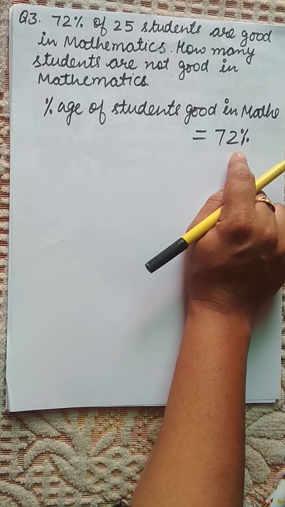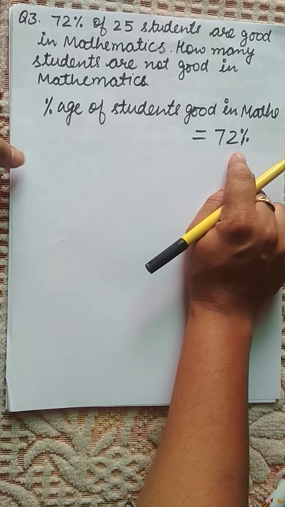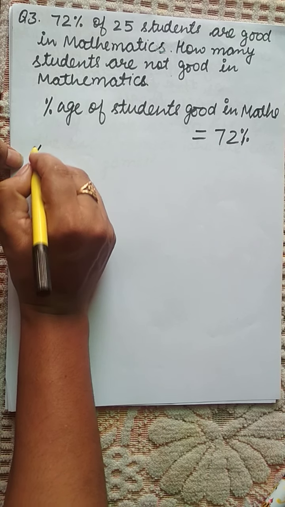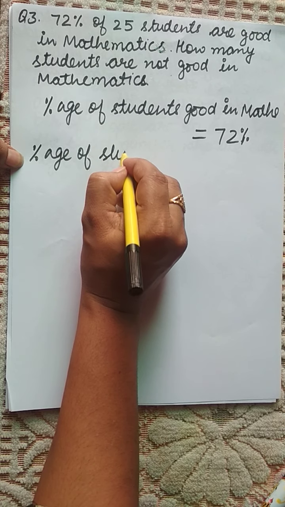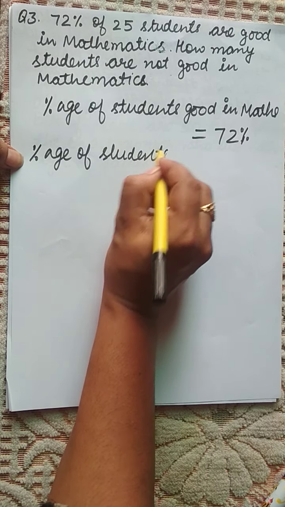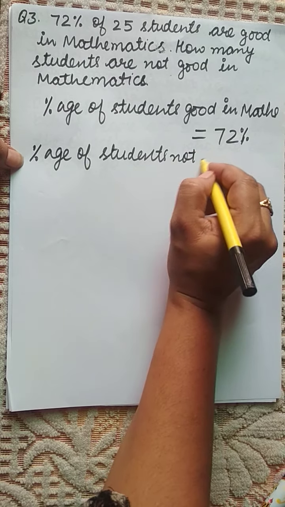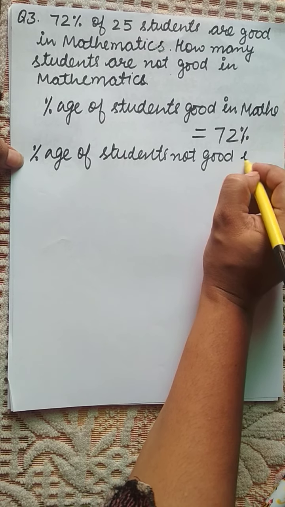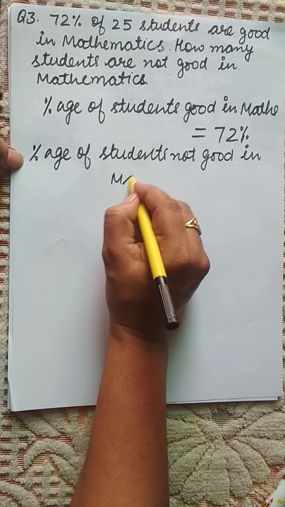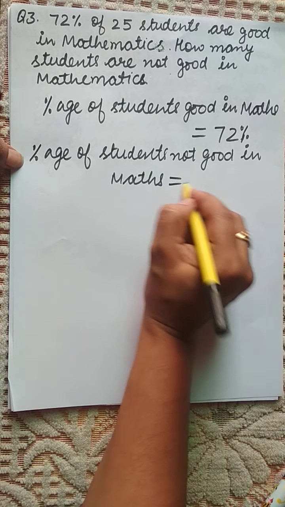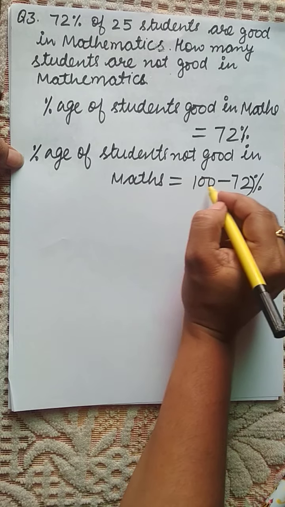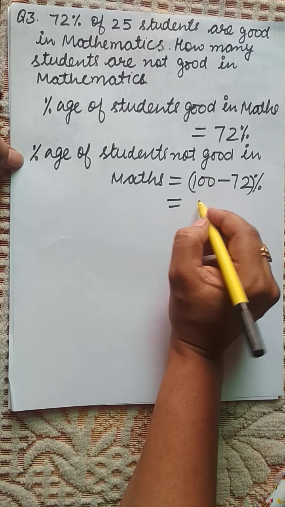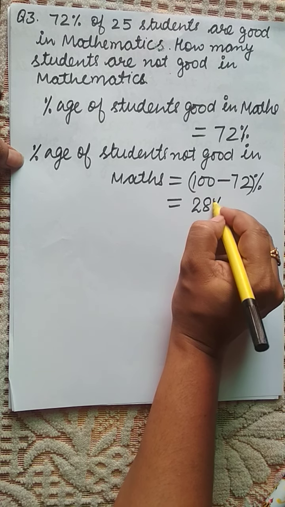Now I want to find out the percentage of students who are not good in maths. So percentage of students not good in maths will be equal to 100 minus 72%. 100 minus 72 is 28%.